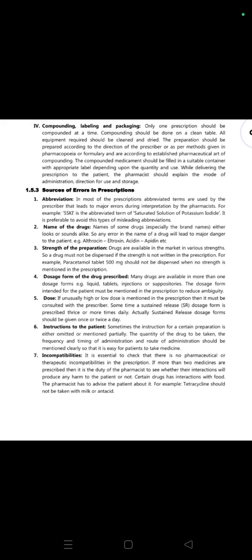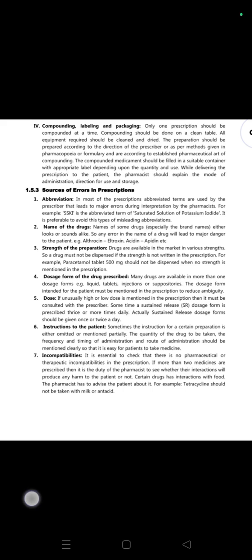The compounded medicament should be filled in a suitable container with an appropriate label depending upon the quantity and use. While delivering the prescription to the patient, the pharmacist should explain the mode of administration, direction for use and storage.